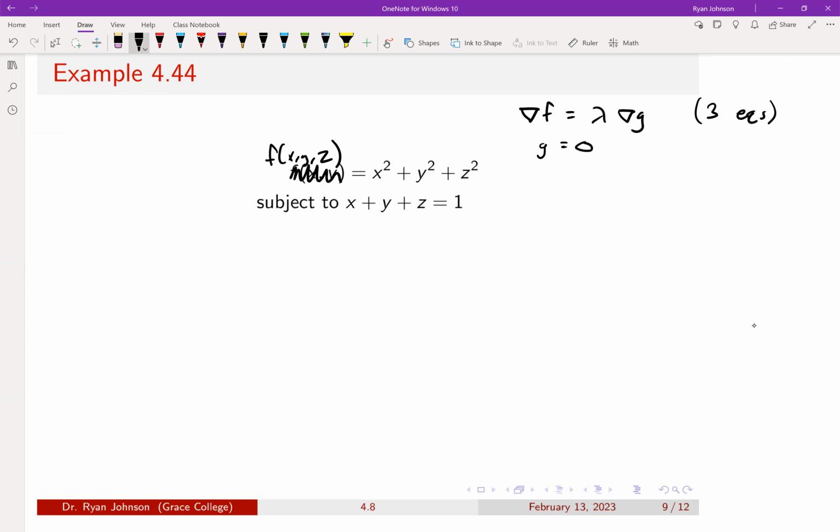So g of x, y, z is going to be x plus y plus z minus 1, so that everything's moved to the other side there.